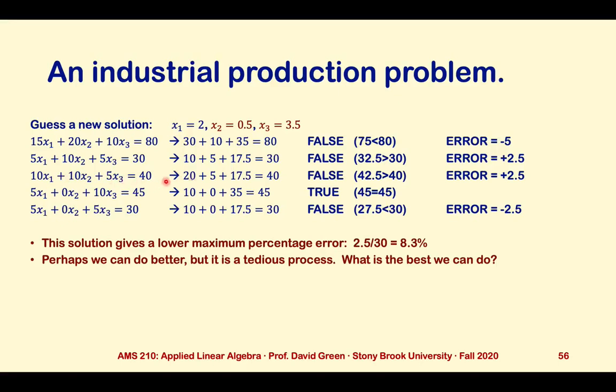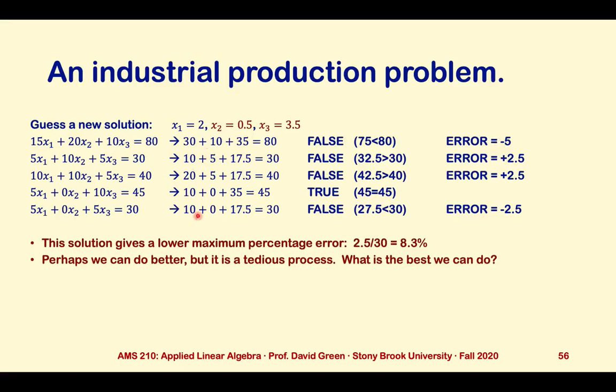The third equation gives us also an error of 2.5. This change actually makes the fourth equation now perfectly true and makes the fifth equation off by negative 0.5. So where we had the 4 errors of plus or minus 5, we've reduced those errors by at least a factor of 2, but we've introduced a new error into the first equation.